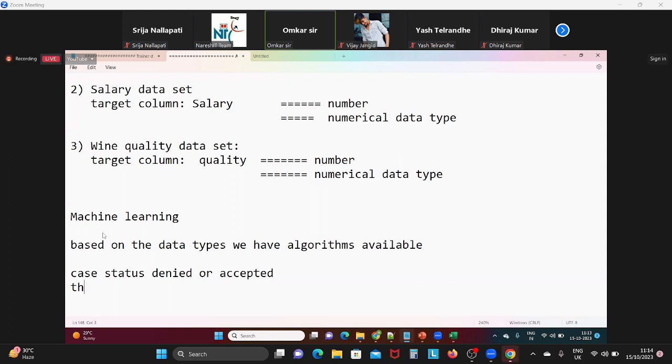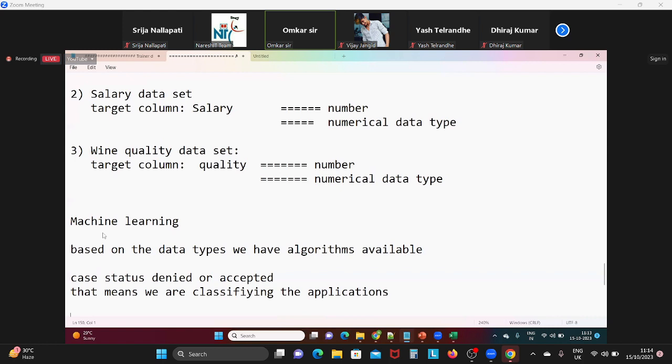That means we are classifying the people. We are classifying the applications. Yes or no? This guy is rejected, this guy is accepted, this guy is a loan defaulter, yes or no. That means we are categorizing the people.